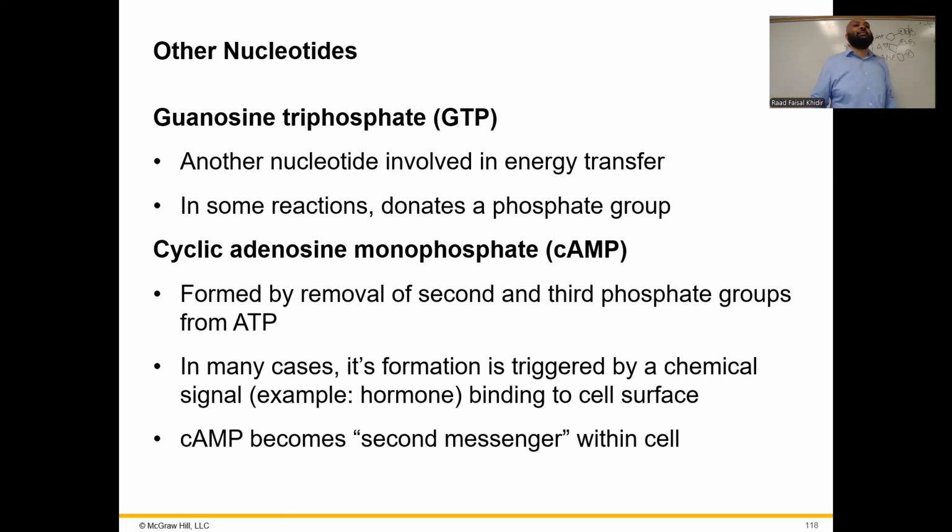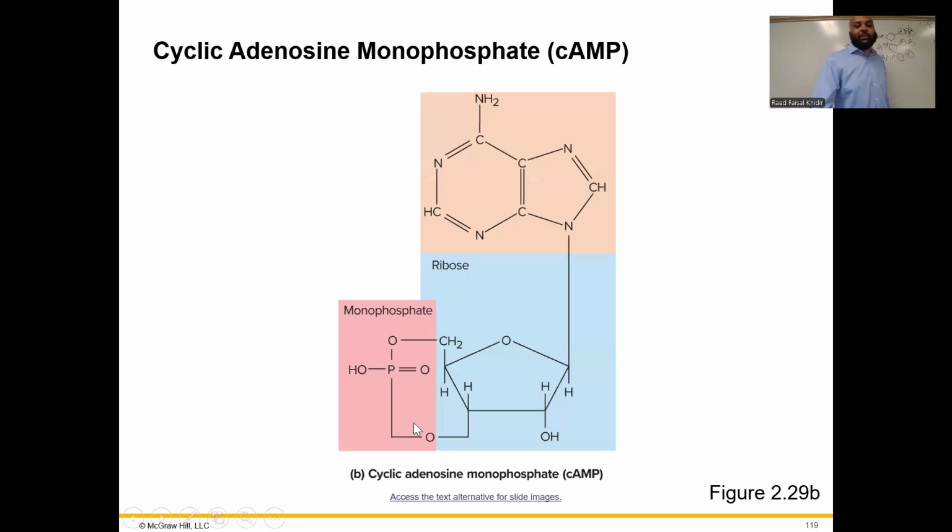It cyclizes ATP into cyclic AMP, so it gets adenine monophosphate in a cycle, and it's formed by the removal of the second and third phosphate groups from ATP. So the substrate to make cyclic AMP is actually ATP. Cyclic AMP becomes the second messenger within the cell. AMP, mono, one phosphate; ADP, di, two; ATP, triphosphate.